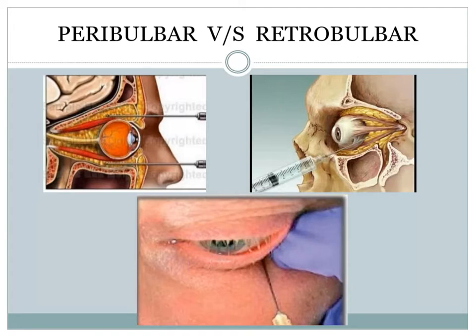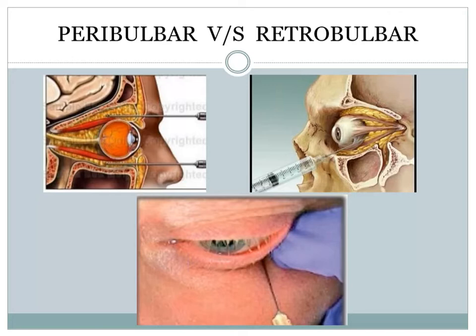But if you take the picture on the right, here the needle is going behind the globe into the retrobulbar space. When you go behind the globe, there is a chance that you will damage the optic nerve, if your needle accidentally hits it. Second thing is, the central retinal artery is present in the retrobulbar space 10 millimeters behind the globe.